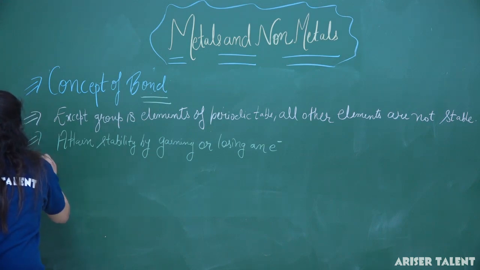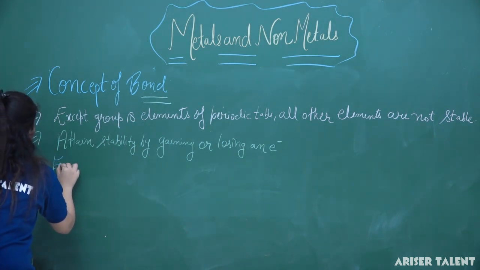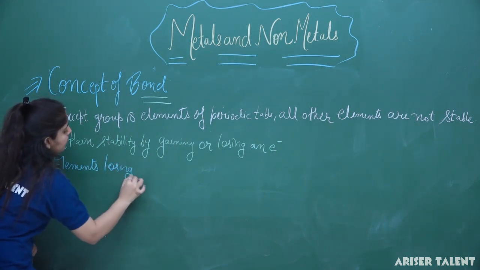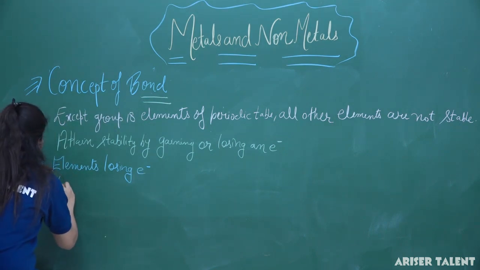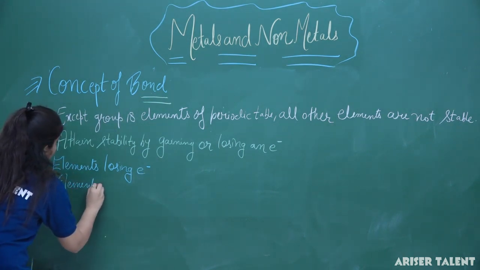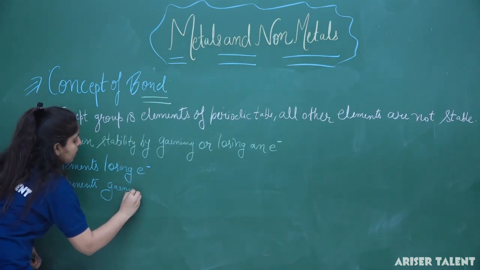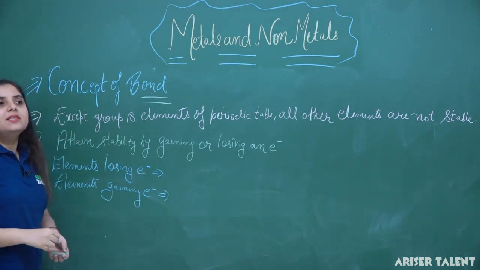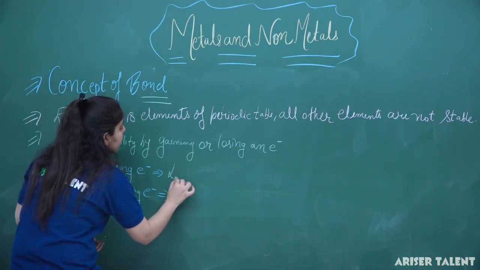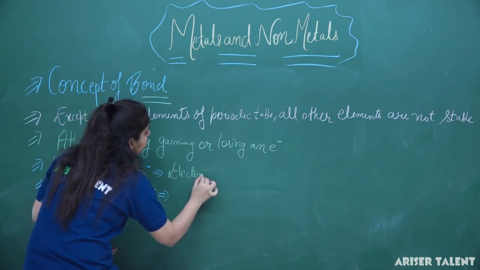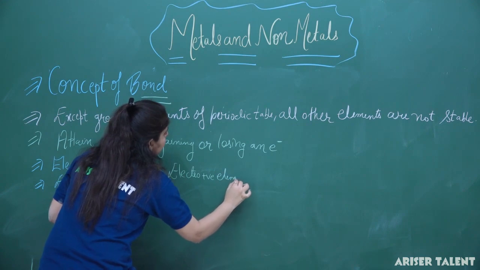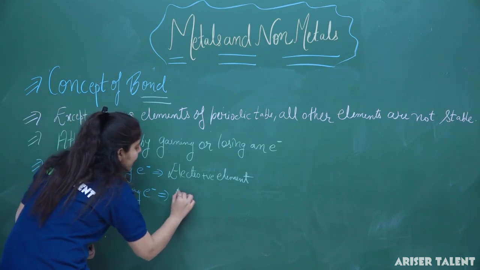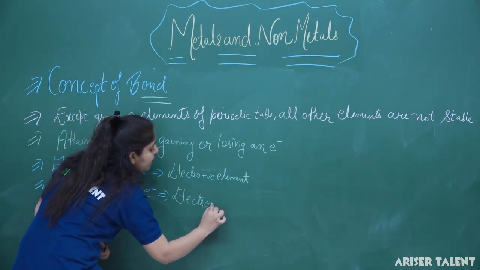So the next point is elements losing electrons and elements gaining electrons. The tendency to lose electrons is known as an electropositive element, and if the element has a tendency to gain electrons, we can say that the element is electronegative.